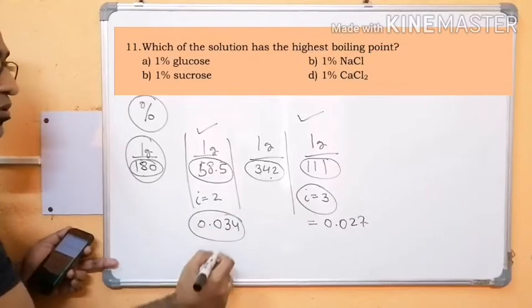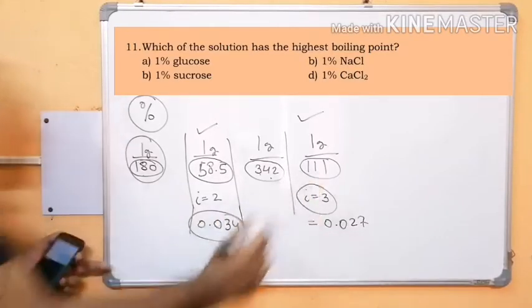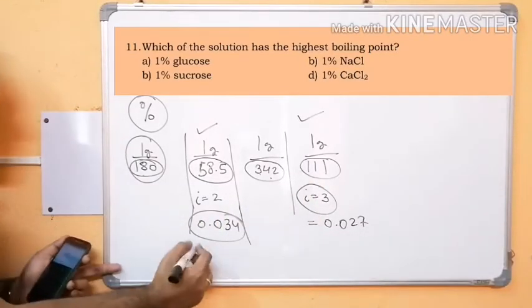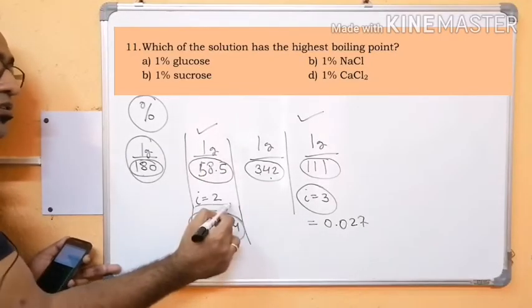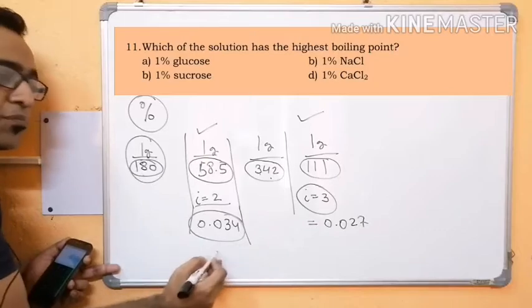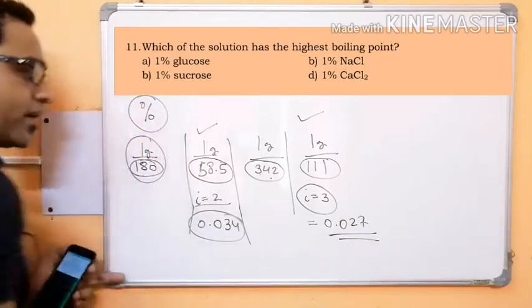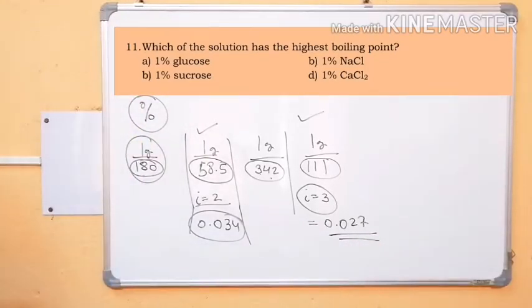So actually sodium chloride is higher, sorry, it is not the calcium chloride. As you can see, in the case of sodium chloride, if you multiply the number of moles with the i value, you are getting more particles. Here you are getting fewer particles. So sodium chloride will have the higher value, that is, sodium chloride will have the highest boiling point.